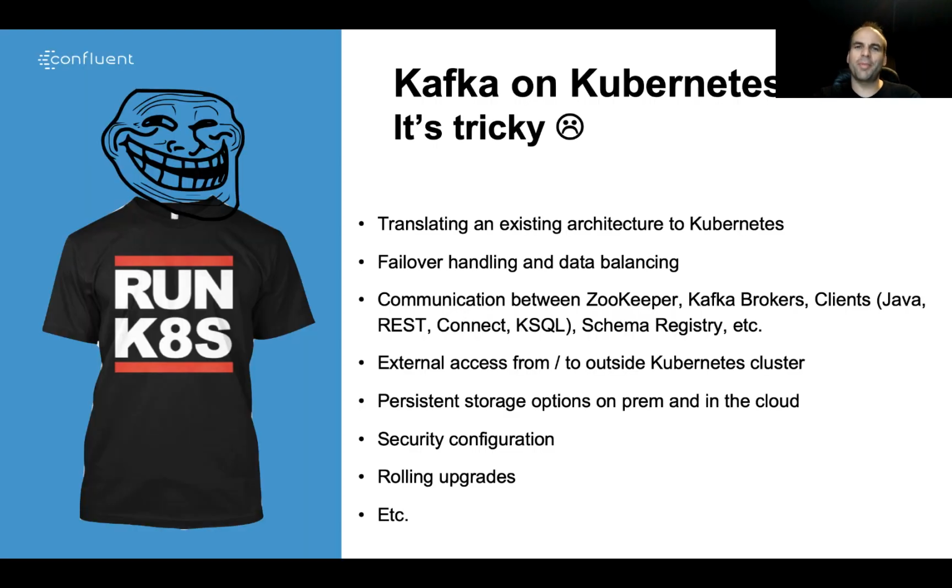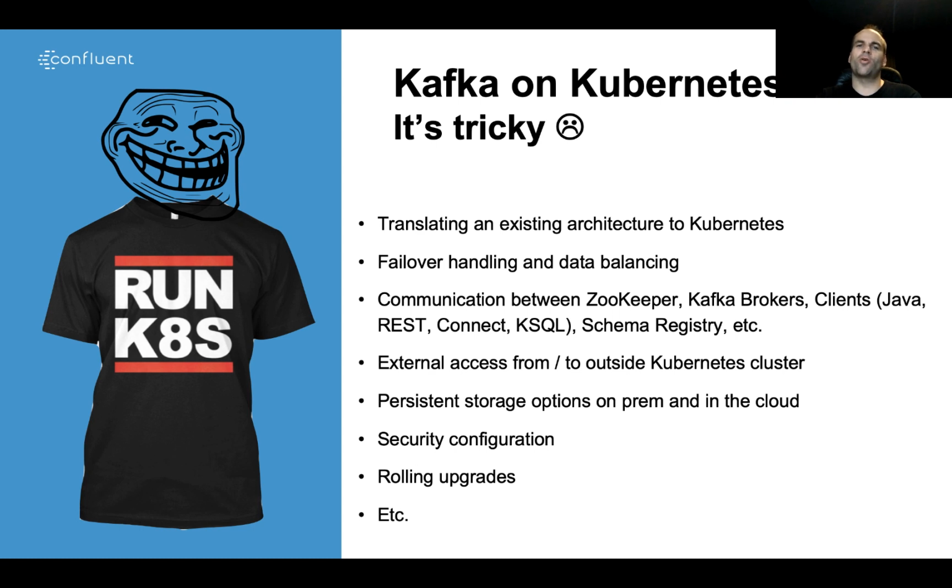To give you some examples of what we have seen from our customers with running Kafka and its ecosystem on Kubernetes. First of all, it's hard in general to translate the traditional architecture to Kubernetes, especially for stateful systems, which Kafka is. For stateless services at the end, it's easier, right? But to handle things like failover or data balancing in Kafka to move partitions, that's really hard.